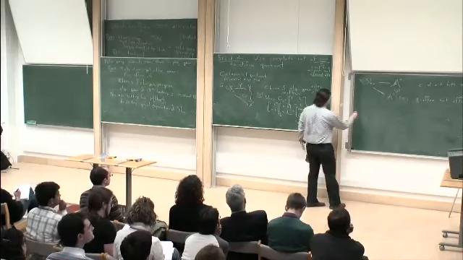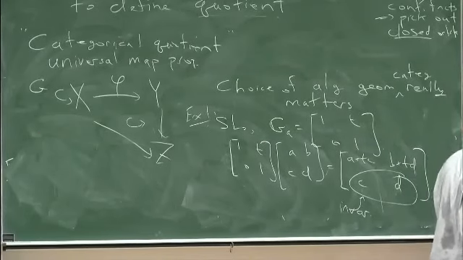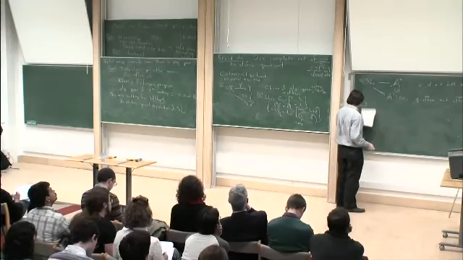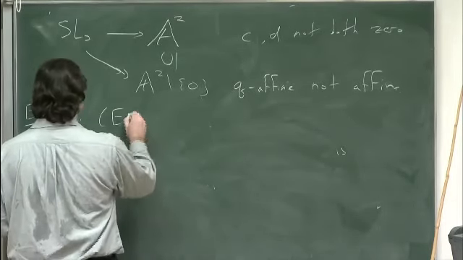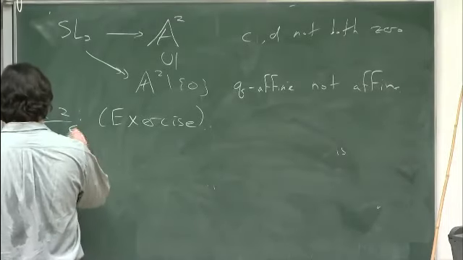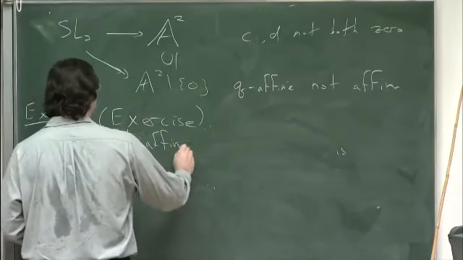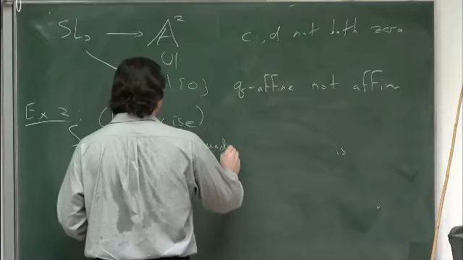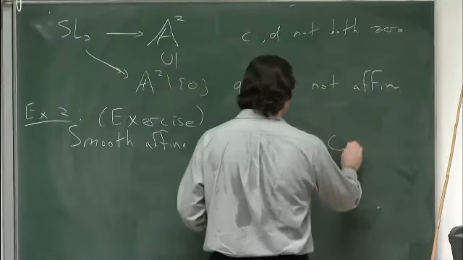Example 2: I wanted to have a picture for you, but I didn't get the projector set up today, and I'll do it tomorrow as part of a more natural discussion. But you could treat it as an exercise until then. Exercise: consider a smooth affine quadric surface, which we might call Q2.